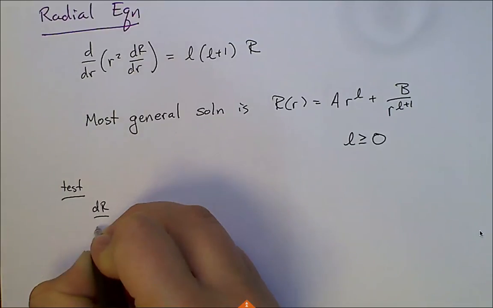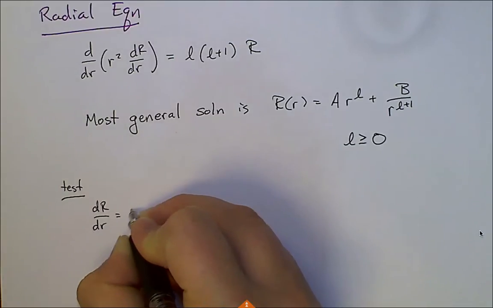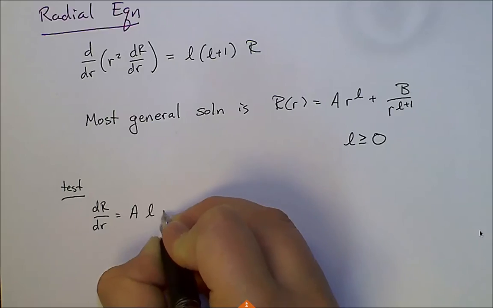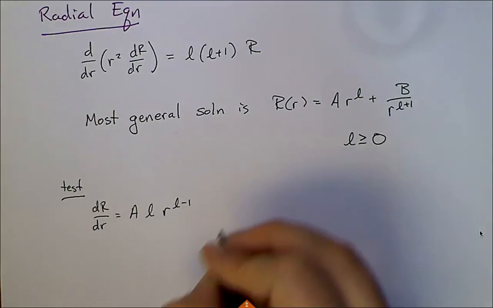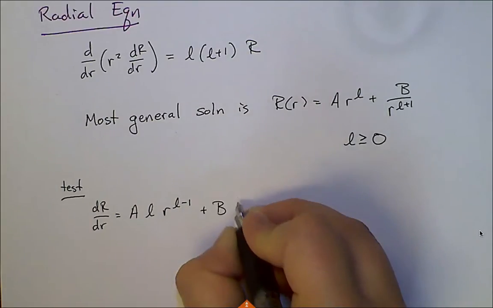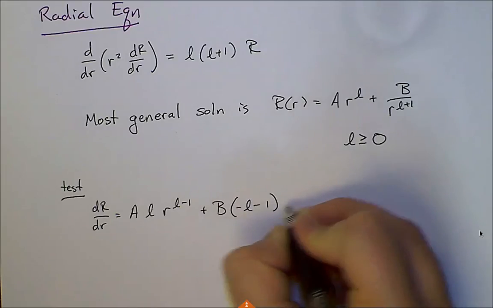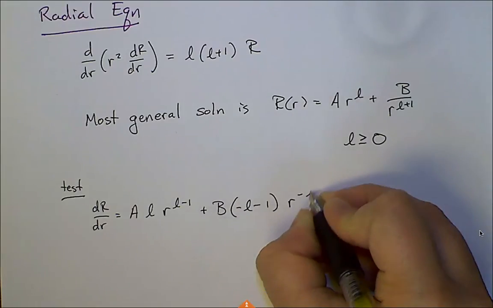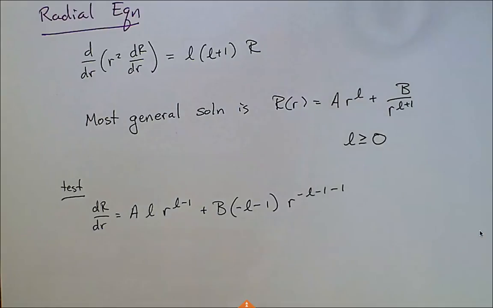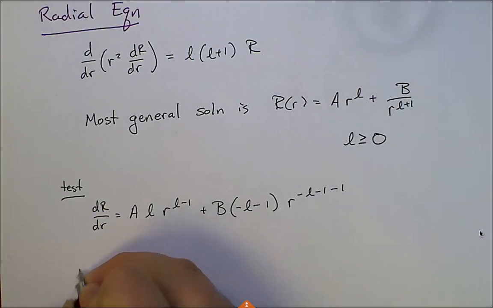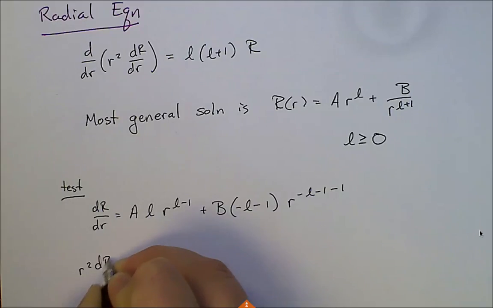Let's take the derivative of r with respect to little r. That will give me a L r to the L minus 1 plus b times minus L minus 1 r to the minus L minus 1 minus 1, minus 2 really. And then let's multiply by r squared.